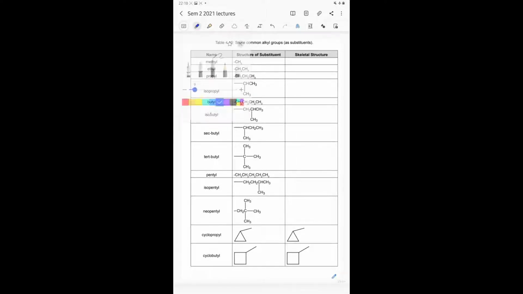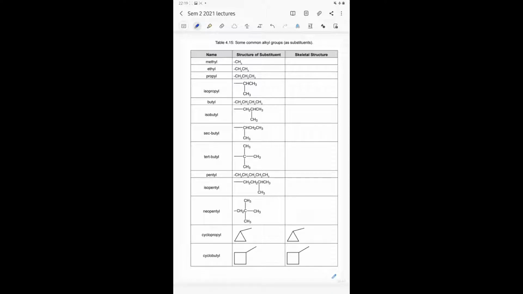I want you to refer to table 4.15 in page 139. For CH3, you just have to remember it is methyl, 1 carbon, ethyl, 2 carbons, propyl, 3 carbons, isopropyl.